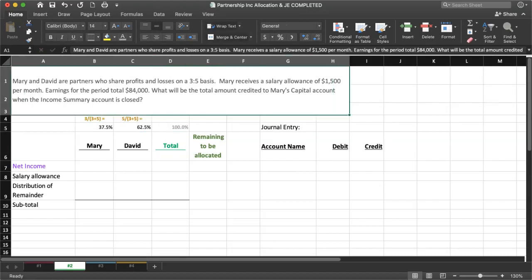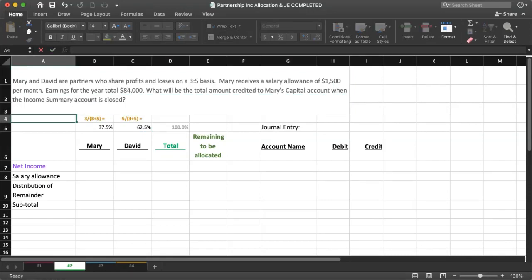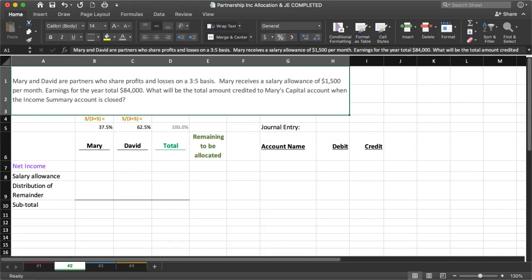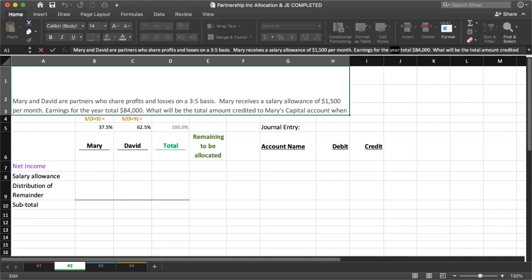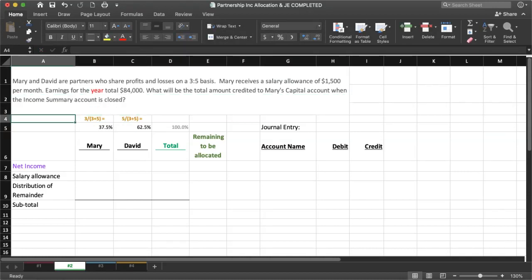Let me change that one word to earnings for the year, and the reason I'm going to change it is just so it's clear what time period is being covered. Okay, so the net income we know was $84,000. How much is allocated?